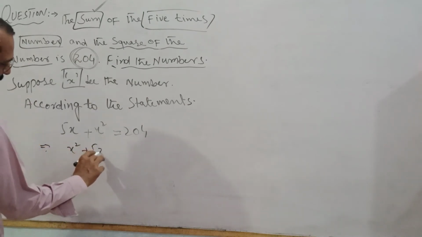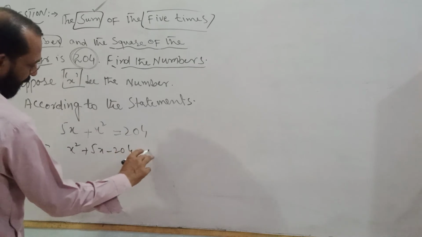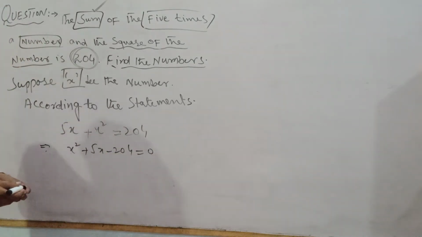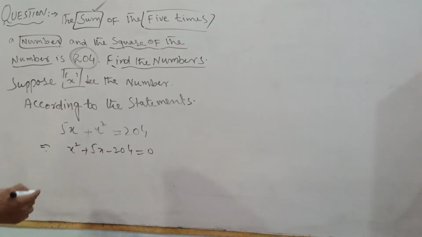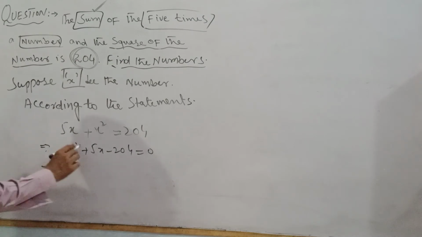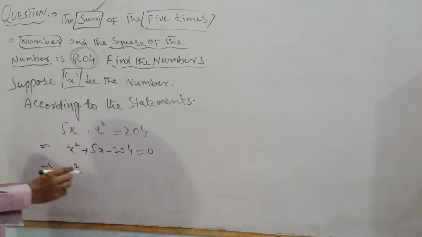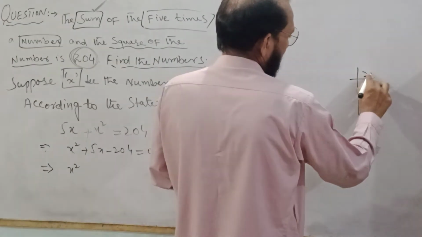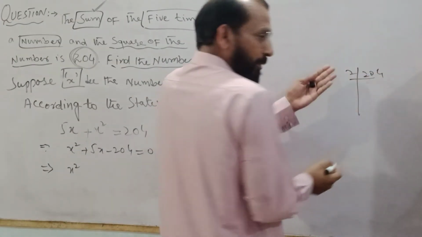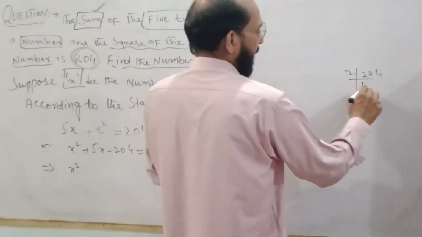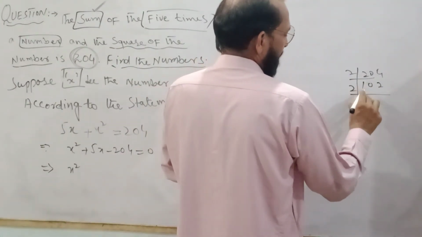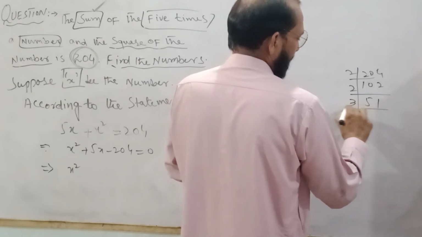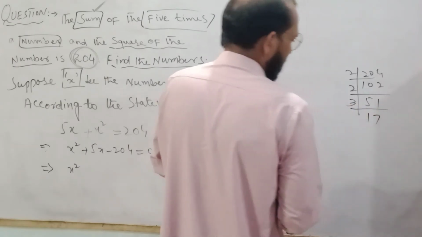x square plus 5x minus 204 is equal to 0. So we take 204 to the left hand side, and the sign will be changed. Okay, so we can factorize it. We can factorize 204. We consider 2, 1, 0, 2, 2, 5, 1, 7.